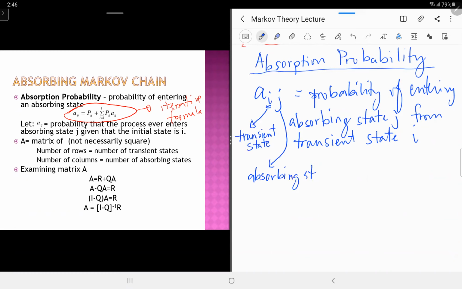Okay, and you are calculating the probability that you are going to enter this absorbing state J coming from transient state I.